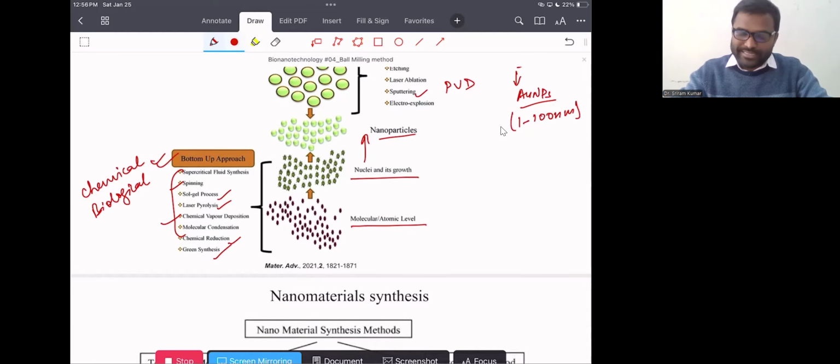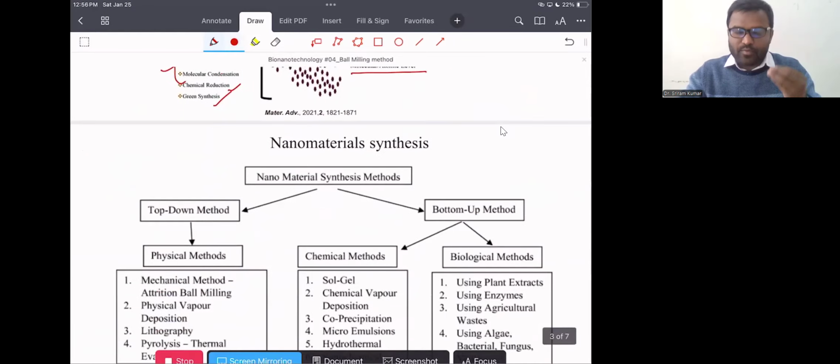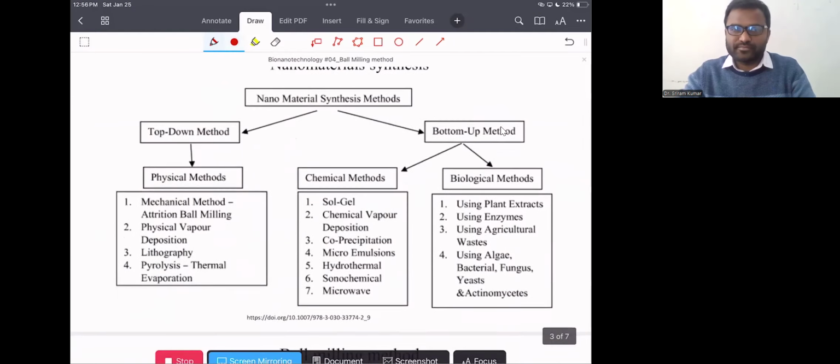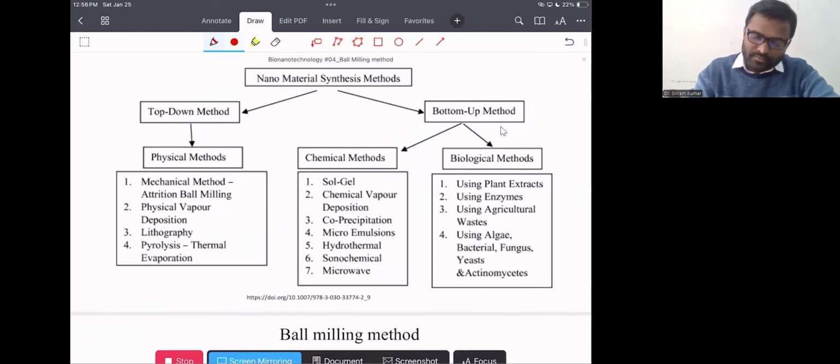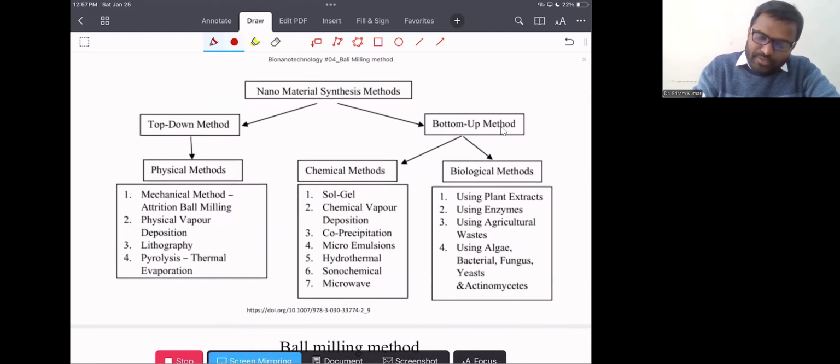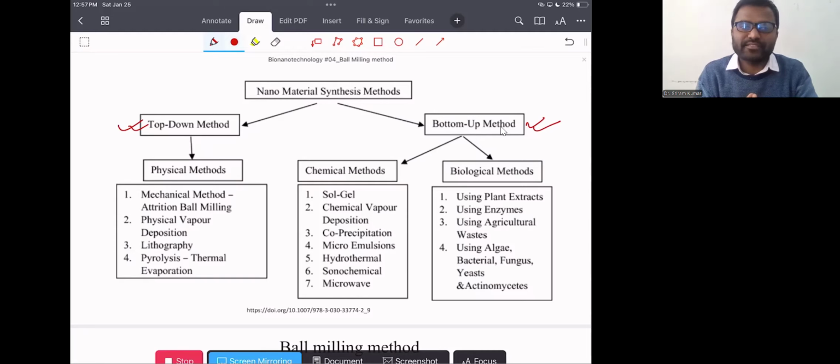So now let's understand which kinds of techniques we have in the bottom-up and top-down approaches. Nanomaterial synthesis can be done by the top-down approach or the bottom-up approach. In the top-down approach, all kinds of physical techniques apply.